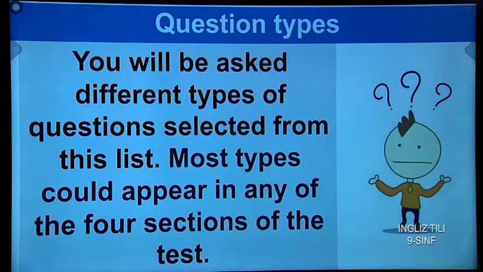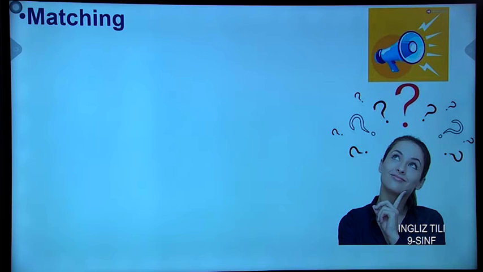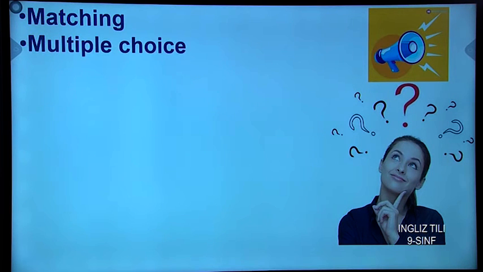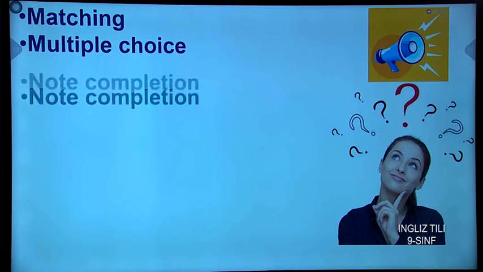So, next one, question types. You will be asked a different type of question, selected from the list. Most types could appear in any of 4 sections of the test. So, here is matching. Next one, multiple choice.